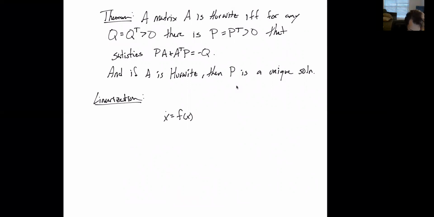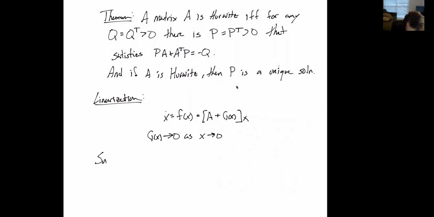So if x dot equals f of x, which is equal to A plus some other terms times x, and these other terms go to 0 as x goes to 0, okay?